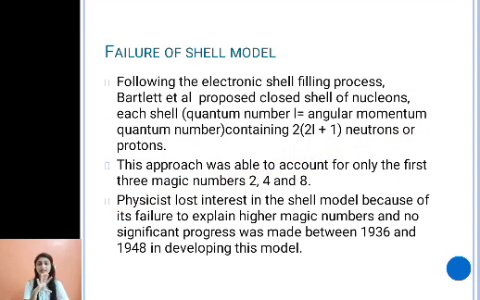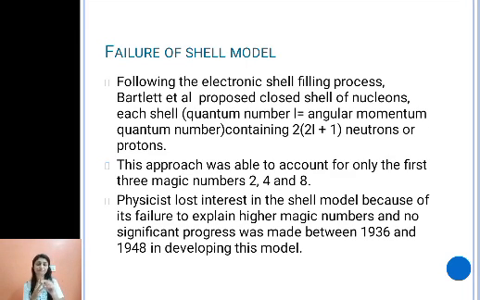Following the electronic shell filling process, Bartlett et al. proposed closed shells of nucleons on the basis of analogy, each shell containing 2(2l+1) neutrons or protons. He gave this number also. This approach was able to account for only the first three magic numbers.